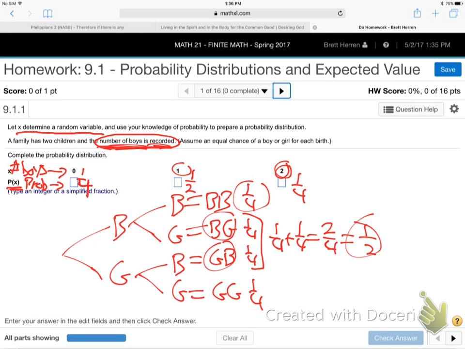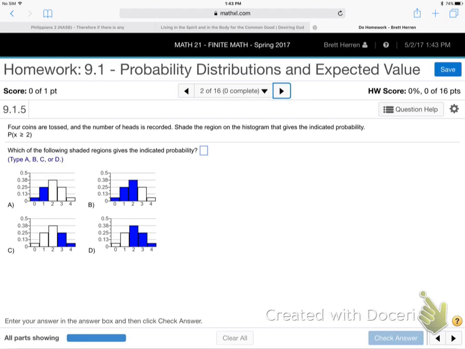Let me flash that off, get that copy down. Okay, so 4 coins are tossed, and the number of heads is recorded. They want X greater than or equal to 2. See that right there?